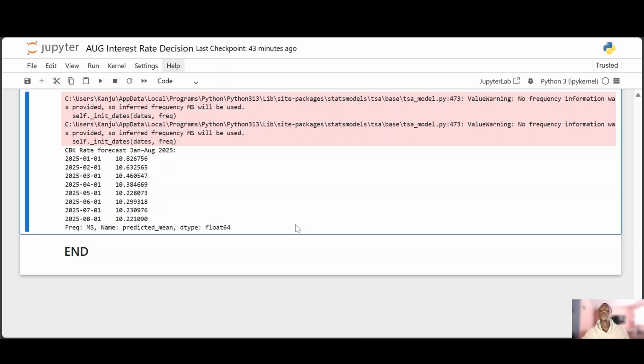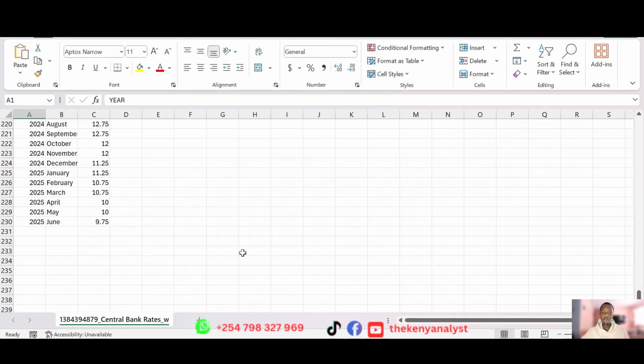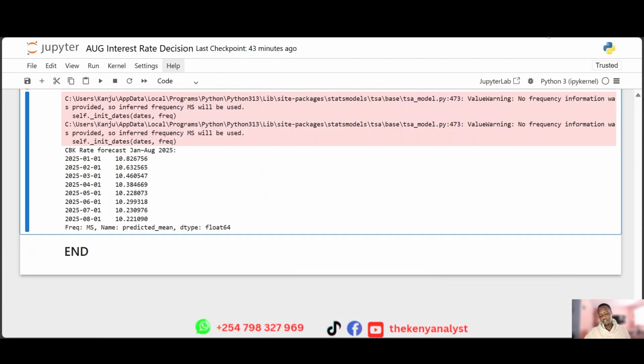So for a decrease I'll go for 0.25, and therefore according to our model our interest rate is going to go down by 0.25, and that means the most likely decision that will be made in August is that the central bank rate will stand at 9.5.